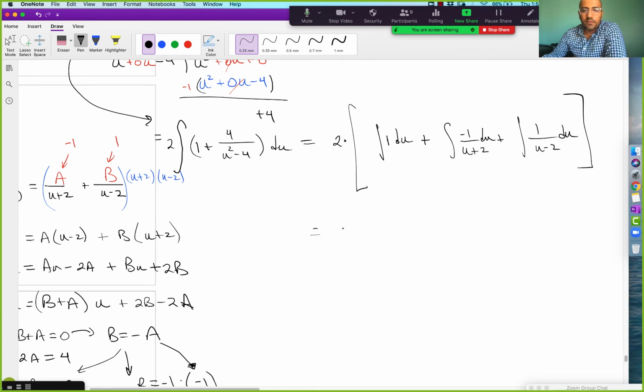So this is going to be equal to 2 giant bracket, this is just going to be u, minus ln of u plus 2, plus ln of u minus 2.